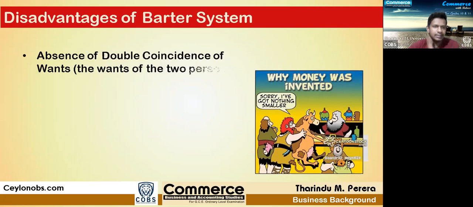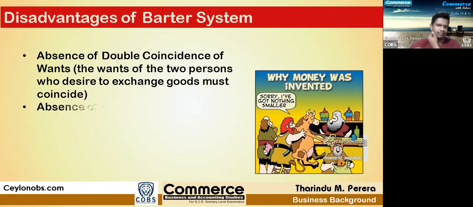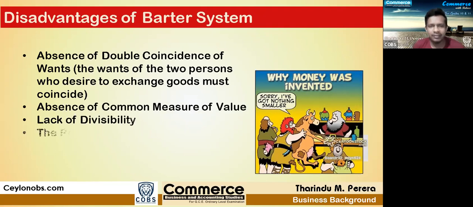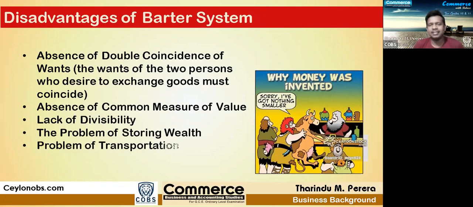Absence of double coincidence of wants. What's the meaning of double coincidence? Can anyone have an idea? What is double coincidence of wants? It says the wants of two persons who decide to exchange goods must coincide.